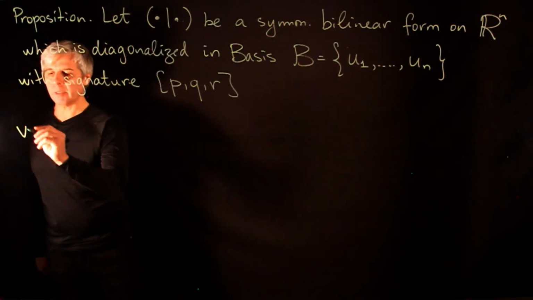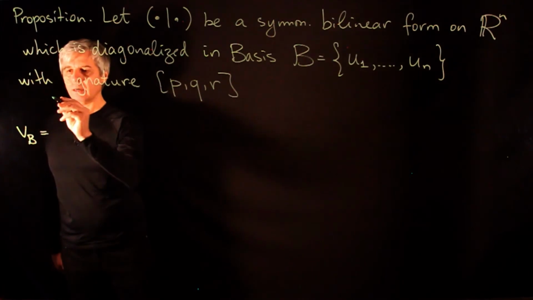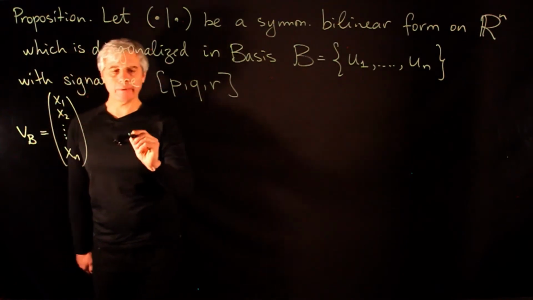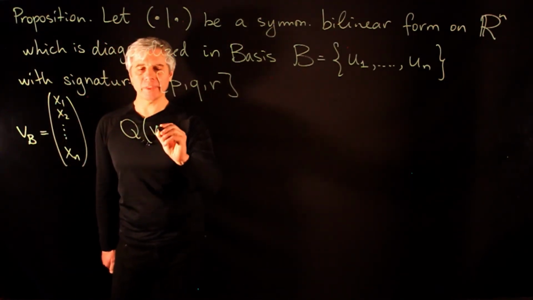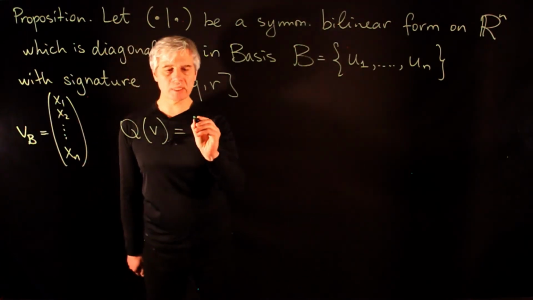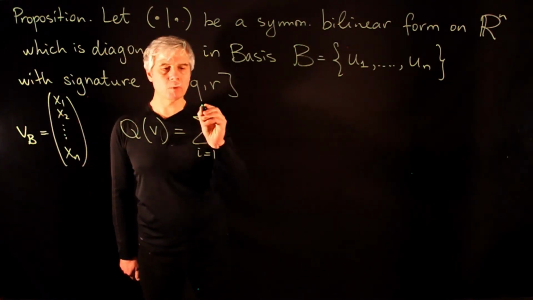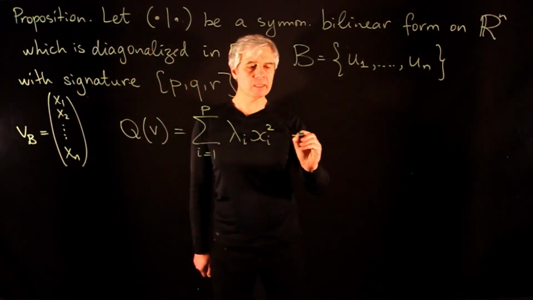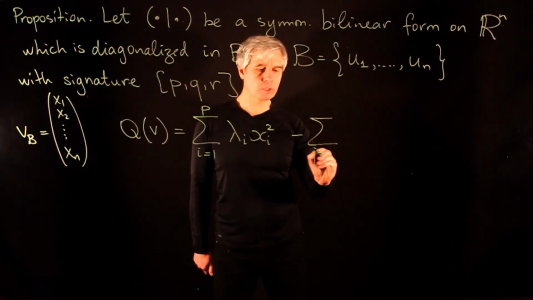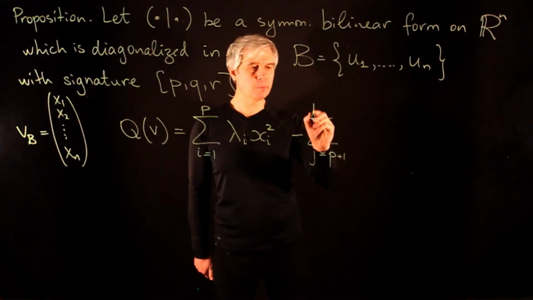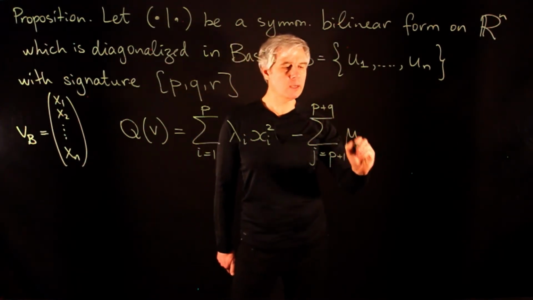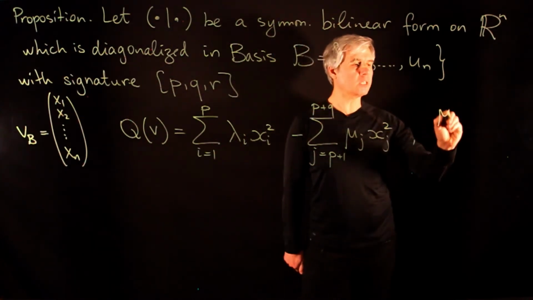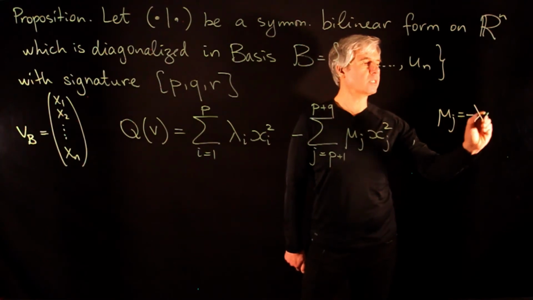This means that if the B coordinates of some vector v are x1, x2, through xn, then the value of the quadratic form on the vector v is going to be the sum, i goes from 1 to p, of lambda i times xi squared, minus the sum, j goes from p plus 1 to p plus q, of mu j times xj squared, where the mu j's are minus lambda j's and are positive.